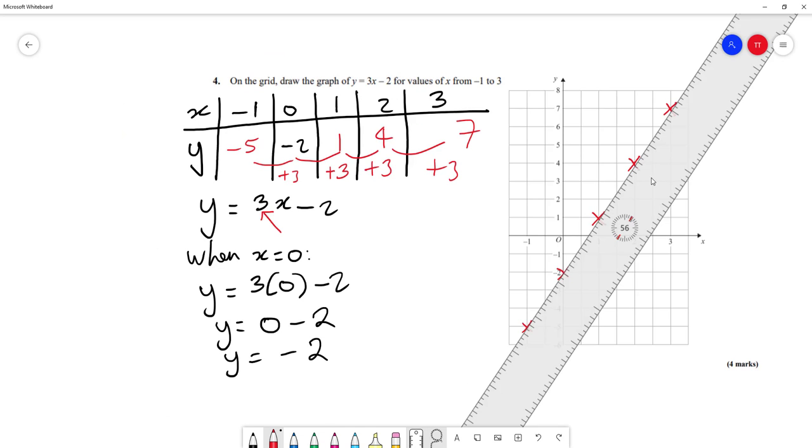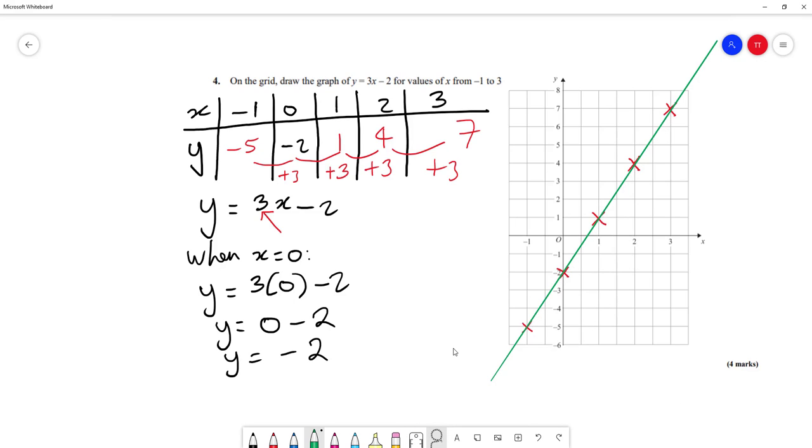Now I've got my ruler here, and I'll draw my nice straight line going through all the coordinates, like so. And then I'm going to label my graph. You must always label your graph. So in our case, this is the graph of y equals 3x minus 2.